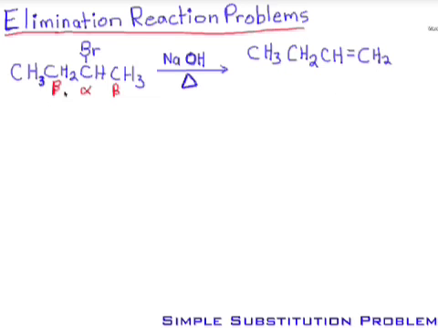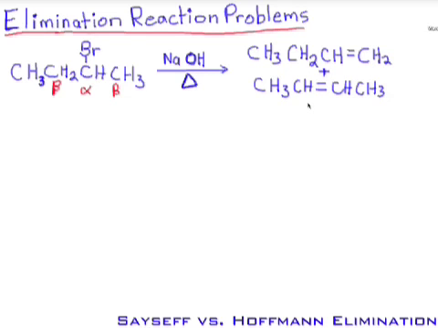And if I pull an H off the beta CH2, I will form this molecule. So two different products are formed: 1-butene and 2-butene.